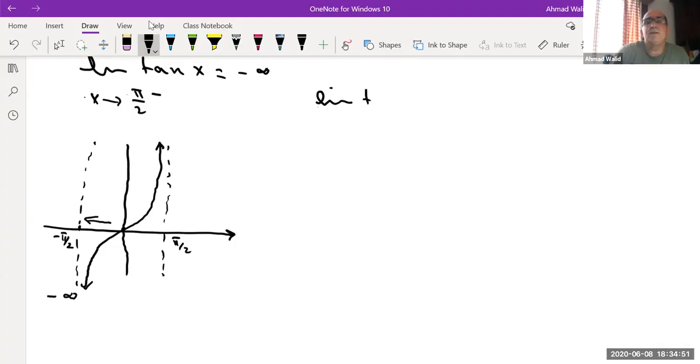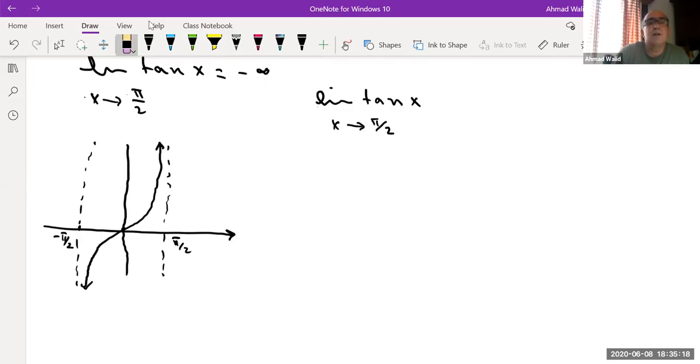Limit of tan x as x approaches pi over 2... oh, huge mistake here. Approaching from the left to pi over 2, not negative pi over 2. I'm sorry.